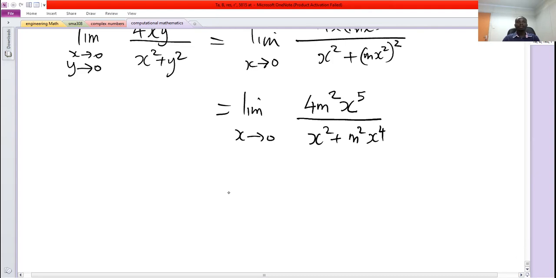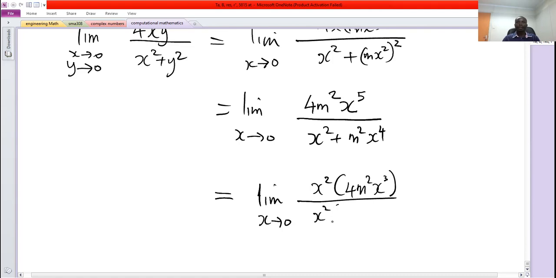And we can factor out x squared, so that we have x squared times 4m squared x to the power 3 over x squared times 1 plus m squared x squared.